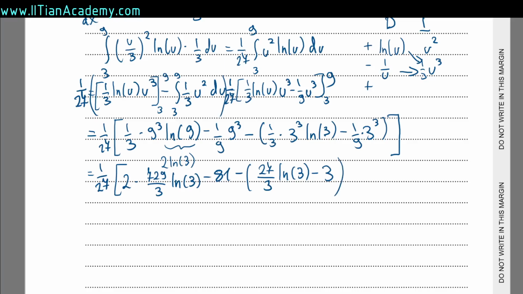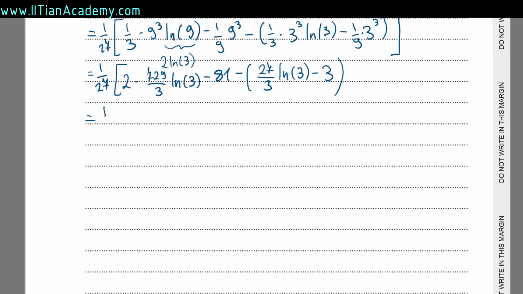Okay, and now that I have this, I can combine the ln3s. So 1 over 27, and then this is going to be 2 times that. So that's going to be 486 ln3 minus 78, combining all of the constant terms, and then minus a 9 ln3 over here.